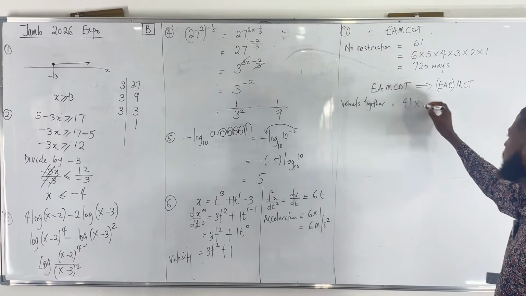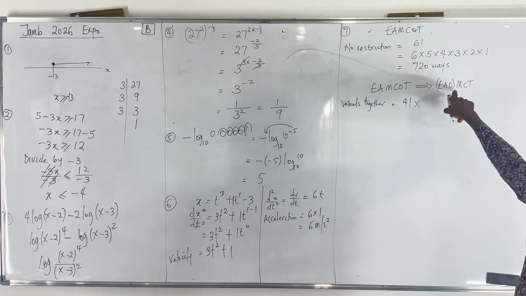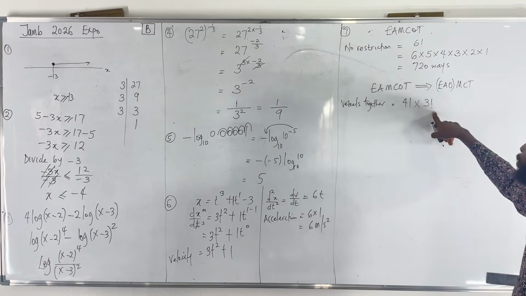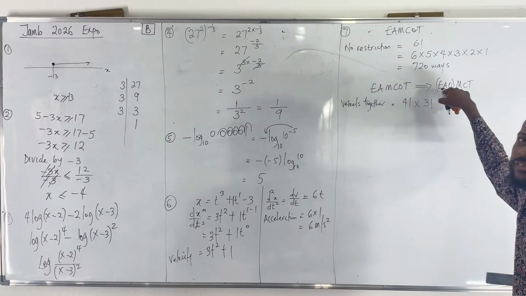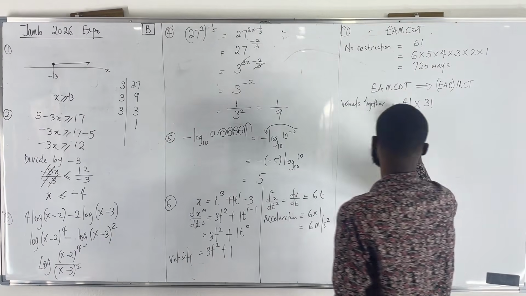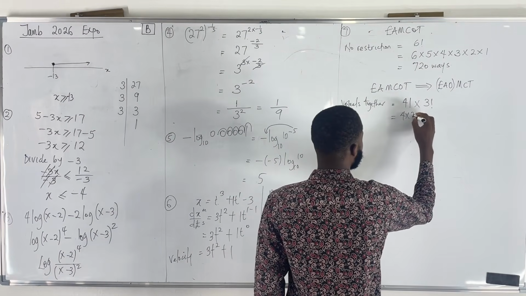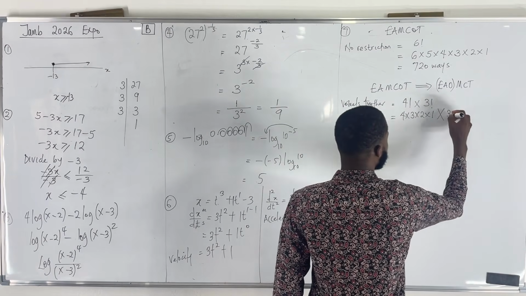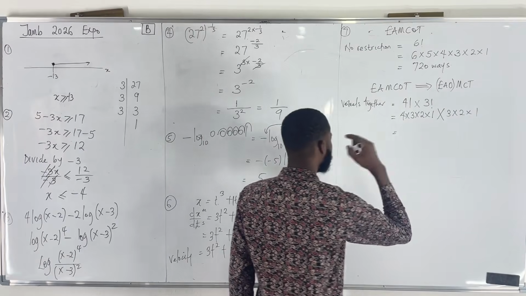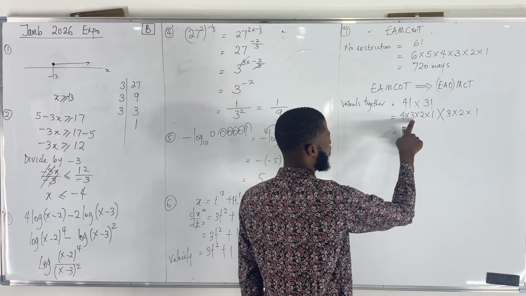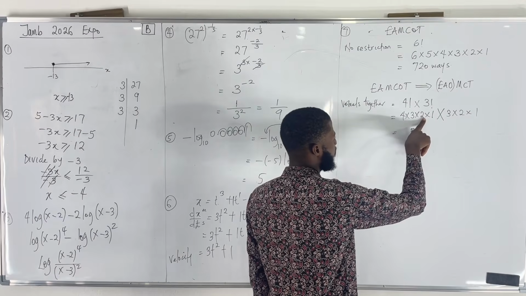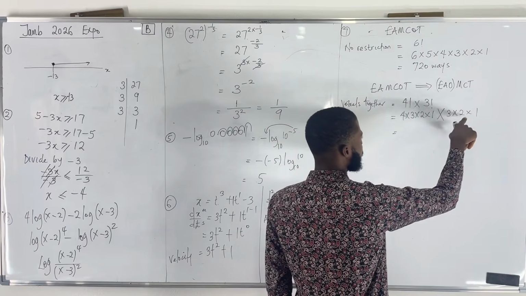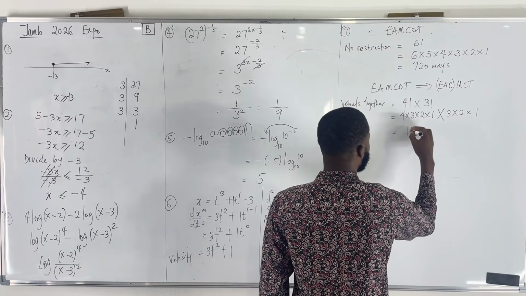And then times, how many vowels do we have here? 3 vowels, so that would be 3 factorial. Would I be dividing this? No, because there's no repetition inside the vowels. So 4 factorial is 4 times 3 times 2 times 1, and then times 3 factorial, which is 3 times 2 times 1. 4 times 3 is 12, 12 times 2 is 24, 24 times 3 is 72, 72 times 2 is 144.